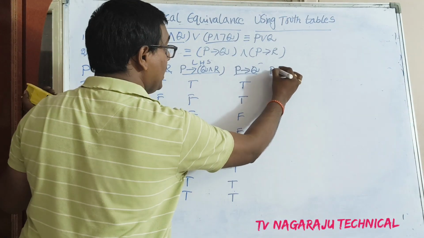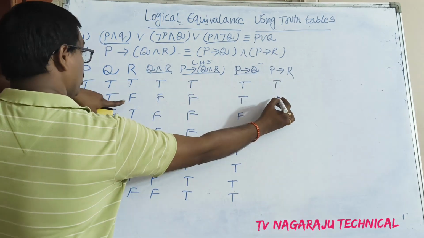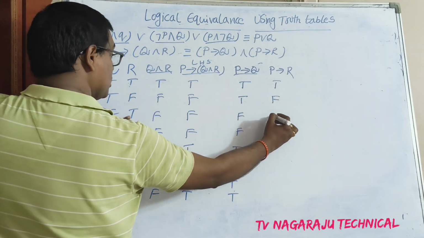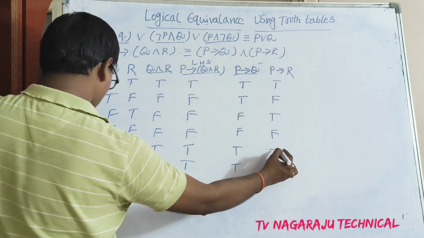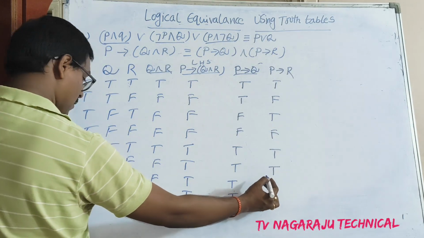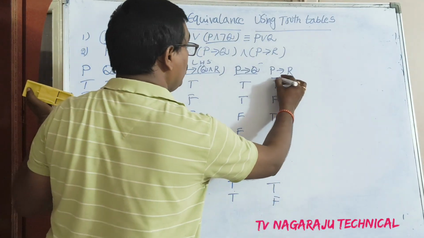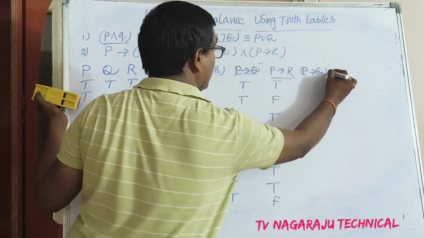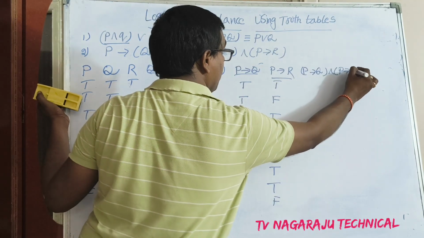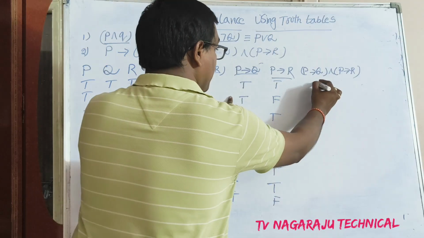Next, P implies R, computed for all eight combinations. Now do the AND operation: P implies Q, AND operation with P implies R.